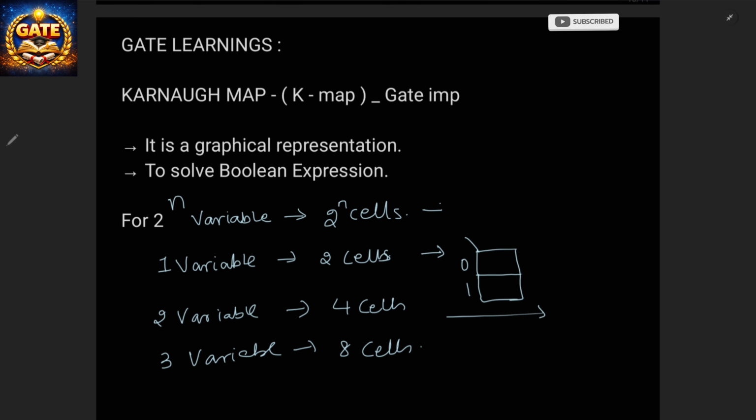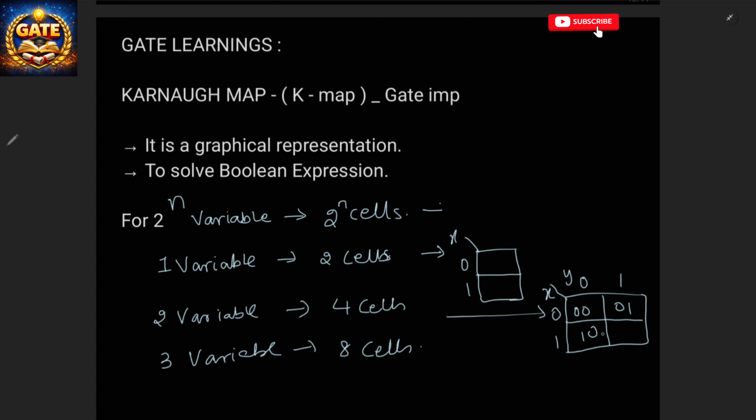Similarly for four cells, these are the four cells. So two variables, right? X and Y. Here one variable means X, so 0 and 1, 0 and 1. So you need to represent 0 0, 0 1, 1 0, 1 1.